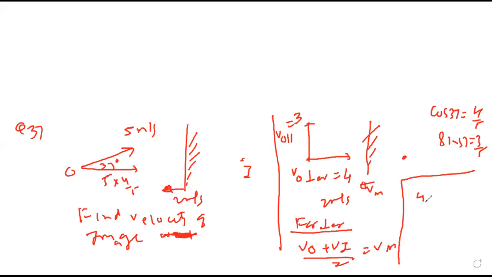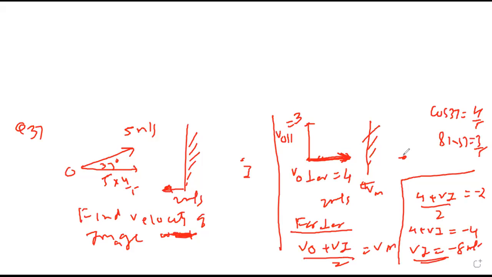Right. Plus image upon 2. The mirror is -2 because it is moving on the left. So 4 plus image upon 2 equals -2. The image is -8 meter per second.